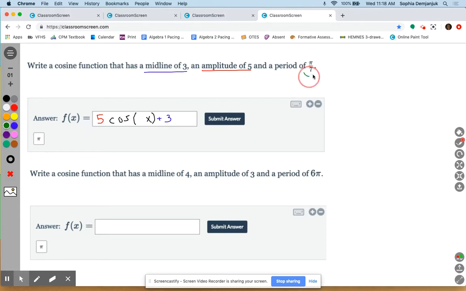And it has a period of pi over 7, so I'm going to solve for b by doing 2 pi divided by pi over 7. Keep 2 pi as 2 pi over 1. Change division to multiplication. Flip the second fraction, 7 over pi. I have pi on top and bottom. Nothing more I can simplify. I have 14 over 1, which is just 14.